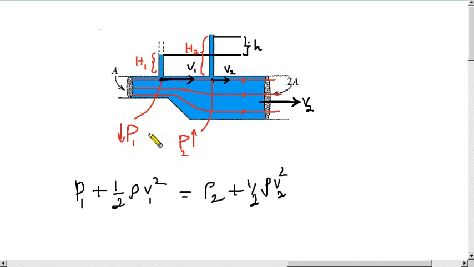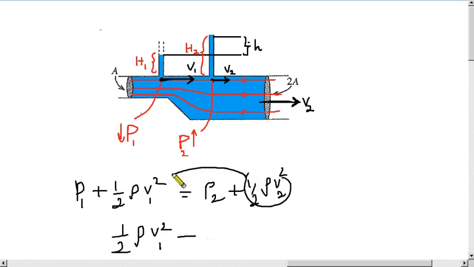So now let's apply these values. We know already V1 is greater than V2. Therefore we can write like this: half rho V1 squared minus half rho V2 squared equals P2 minus P1.